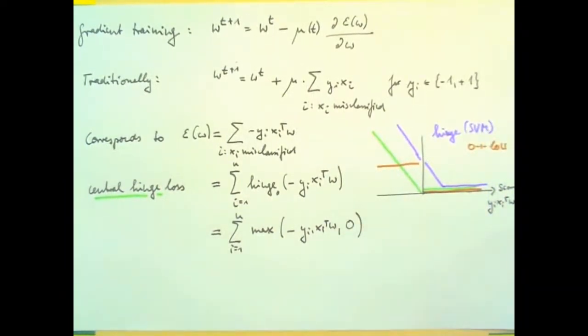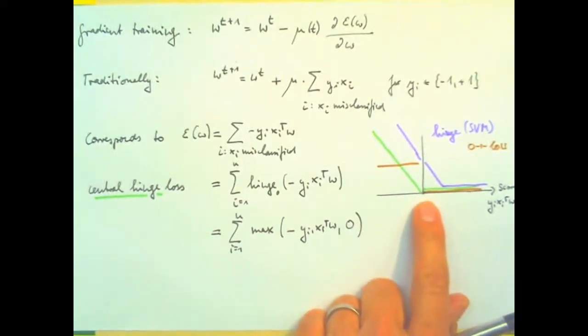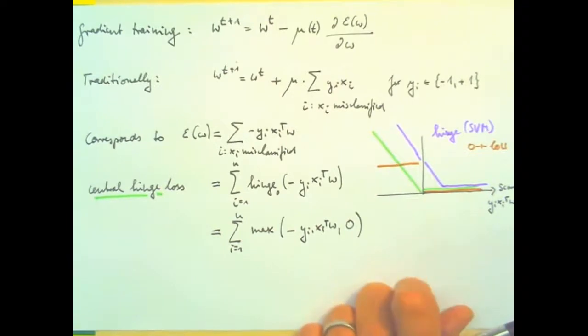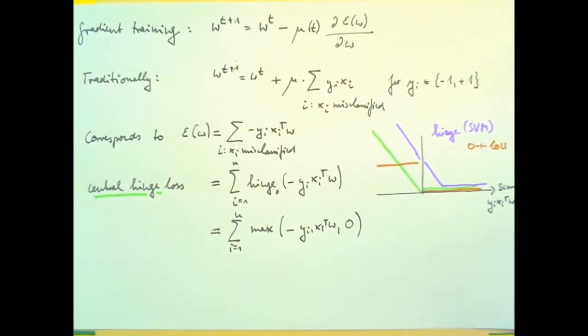The big difference is that with the central hinge loss, the green line, you start giving a penalty only once you made an error. With the SVM type hinge, you already give an error if an observation, even if correctly classified, only dares to come close to the decision boundary. So it's even more cautious. This helps push the decision boundary away from all samples, and helps you find a solution in the center of version space rather than at its very limits.